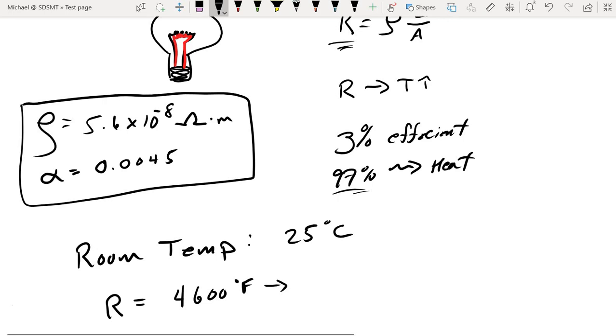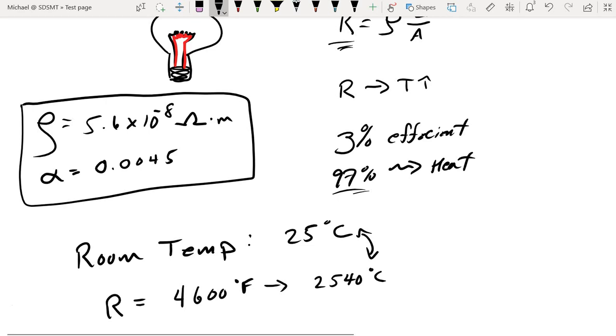Celsius Fahrenheit conversion. So it turns out that 4,600 degrees Fahrenheit is going to be approximately 2,540 Celsius. So quite a difference in temperature.